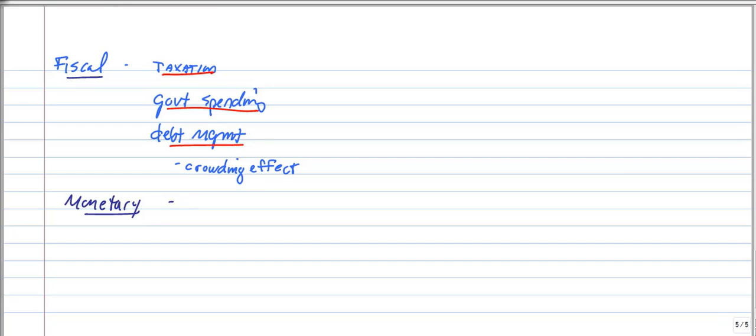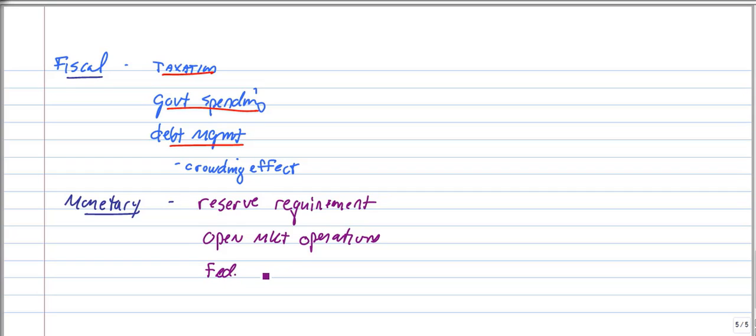And the main monetary tools are the reserve requirement, open market operations, the Federal Reserve discount rate, and the interest rate that they pay on excess bank reserves.